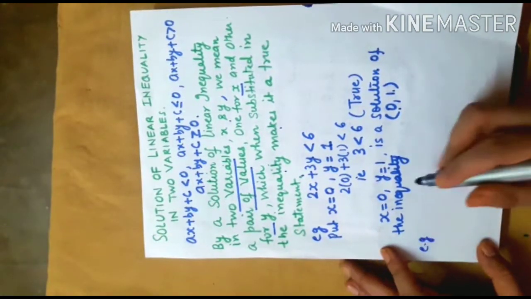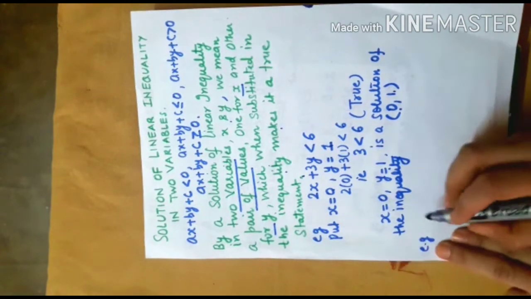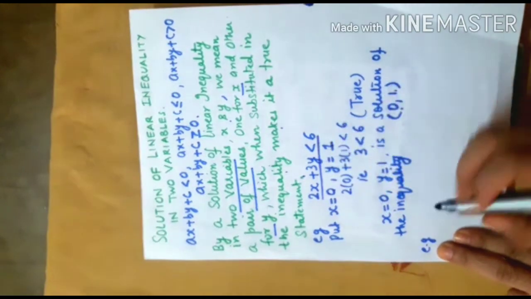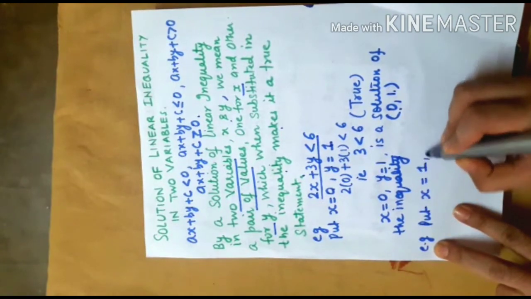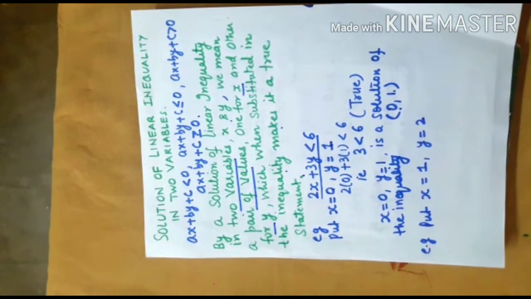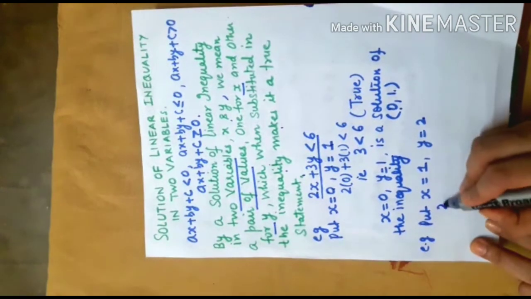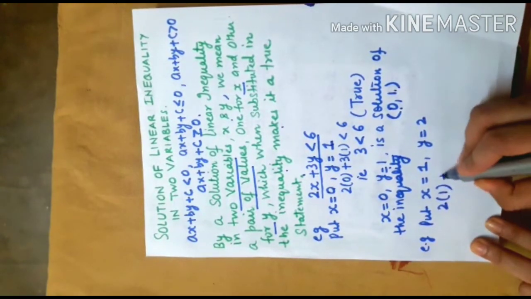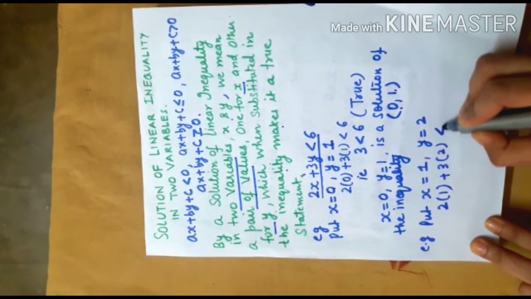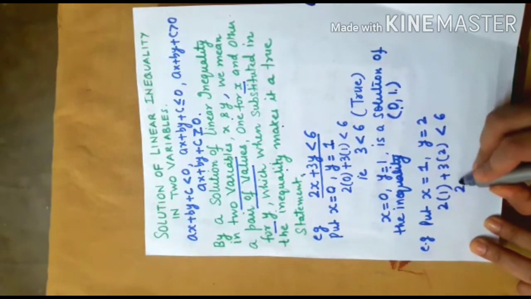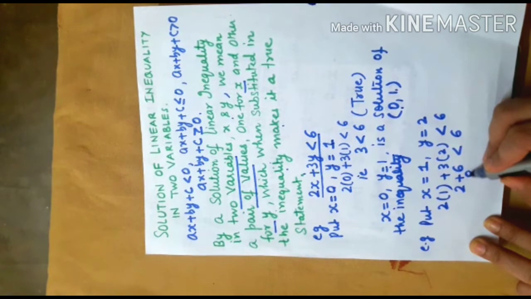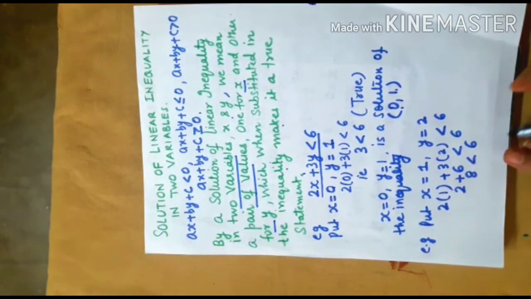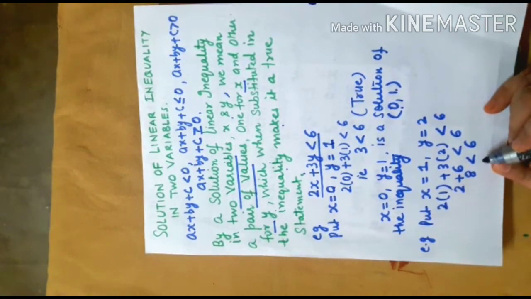Let's take another example. Suppose in this inequality, I put x equal to 1 and y equal to 2. I'll get 2 into 1 plus 3 into 2 less than 6, that is 2 plus 6 less than 6, 8 is less than 6. True or false?